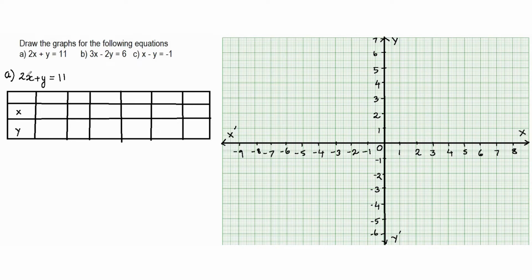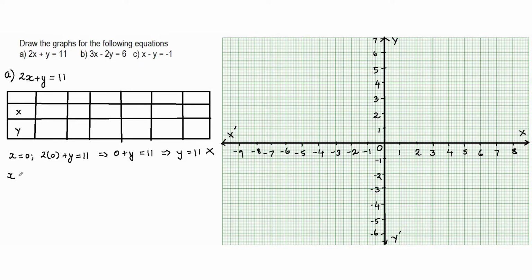I notice that if I substitute x equals 0, then 2 times 0 plus y is equal to 11, which means 0 plus y is equal to 11, which means y is equal to 11. But you will notice that y equals 11 is beyond the scope of our graph right now. So let me just reject this particular point.